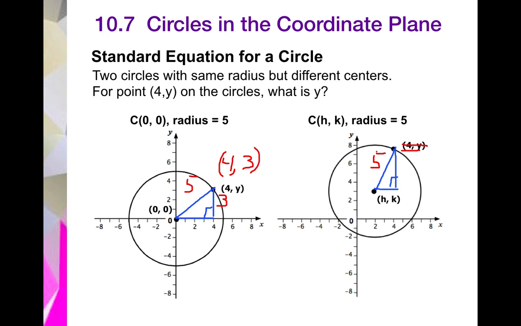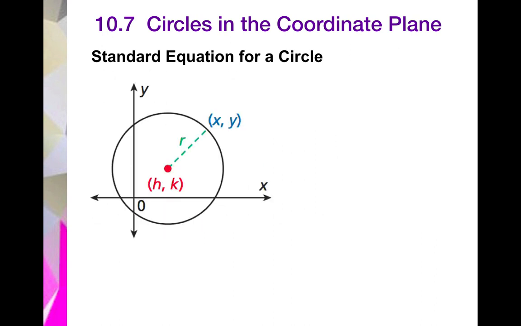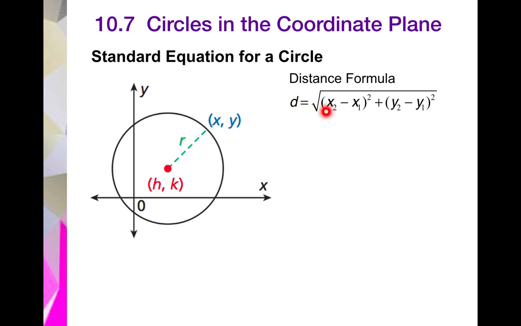So now we have to take a look at how we're going to have a standard equation for the circle. A standard equation for a circle: we have this point for the center, H, K, and we have a point on the circle, X, Y. We know that the distance formula from one point to another is going to be this formula.